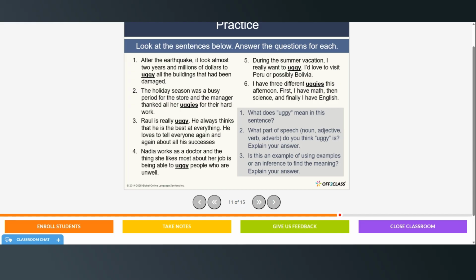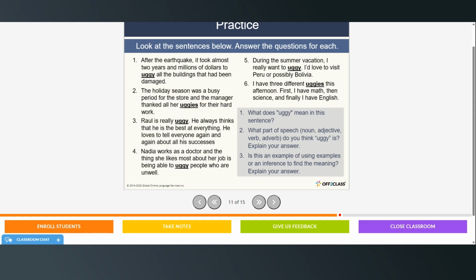And again, this would probably be inference, because she's a doctor. She enjoys doing something for people who are unwell. The opposite could also be antonym in a way, because the opposite of unwell would be to be cured or to be made healthy. So we can get that meaning there.